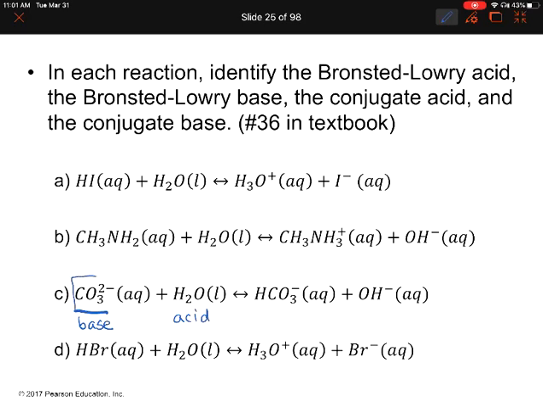So now let's pair up each reactant with a product. The carbonate reactant, CO3 2-, should pair up with the only product that has a carbon in it. And we can see that that reactant gained a hydrogen. So the product would be the conjugate acid.